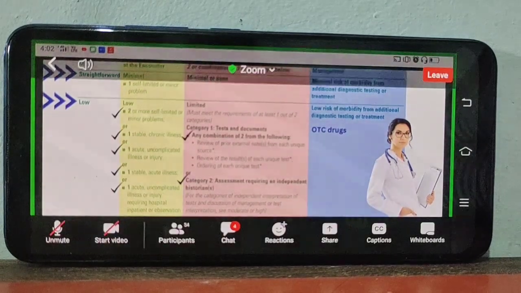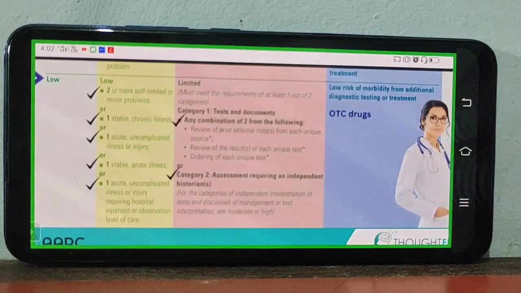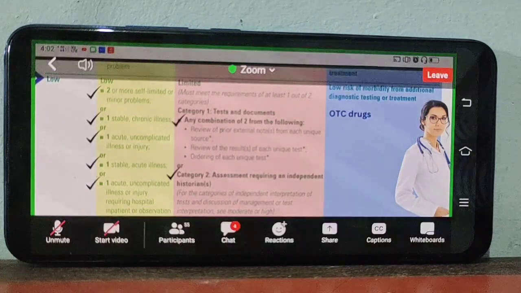Then category 1. In category 1, how many points are given here? 3 points. In these 3 points, we need any 2. Check the beginning of the line: any combination of 2 from the following.